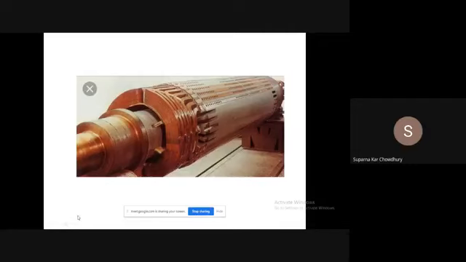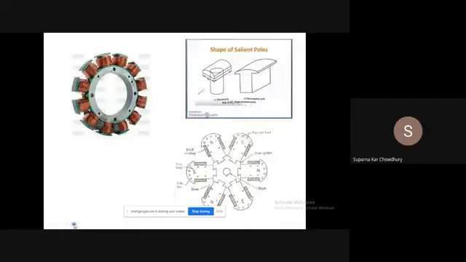It requires special cooling. On the other hand, if we go for the salient pole machine, again power depends on the d square L product. It is running at a lower speed, so there is no problem of centrifugal stress.